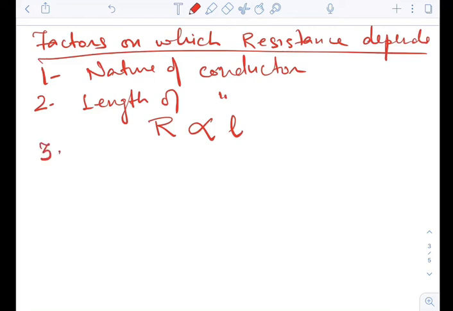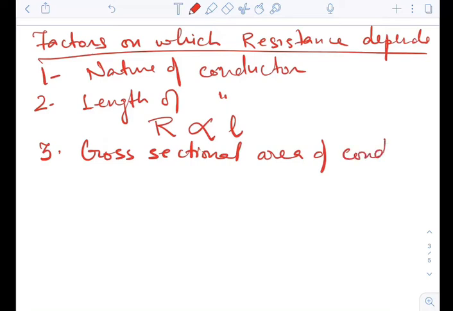And third point is cross-sectional area of conductor. Resistance is always inversely proportional to the cross-sectional area. That means when the cross-sectional area increases, resistance decreases, and when the cross-sectional area decreases, resistance increases. Now, we should know what cross-sectional area is.